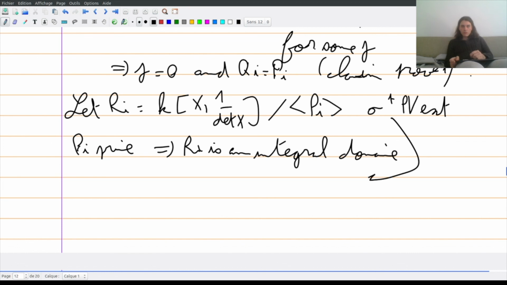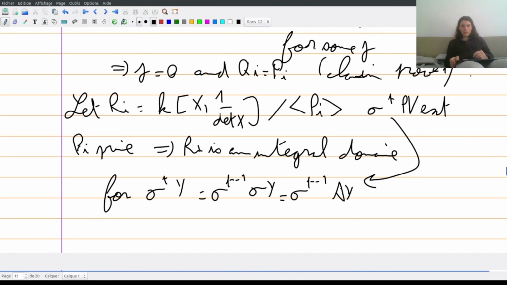So it's a sigma T Picard-Vessiot extension for the following system: sigma T of y is sigma T minus 1 of sigma of y, so it's sigma T minus 1 of Ay, and I just repeat this procedure. So at the end, I find this matrix.